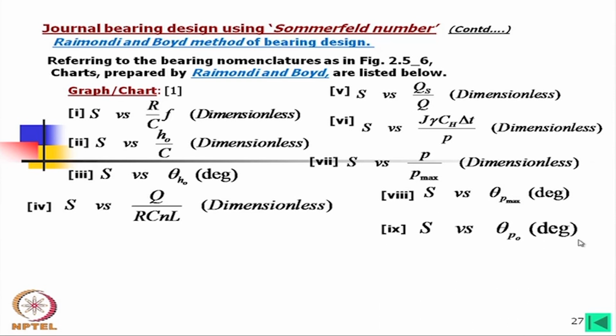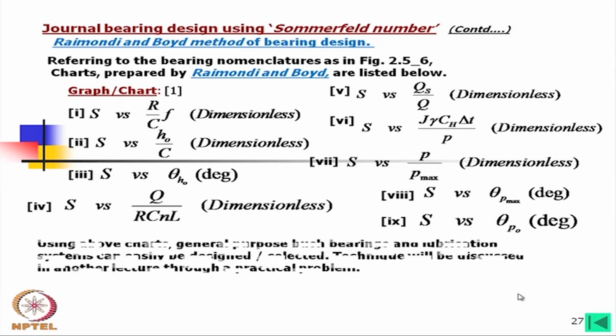Now, also we can find theta P 0, where P 0 is the pressure at H 0. Once we find this, we can verify whether our design is satisfactory or not.